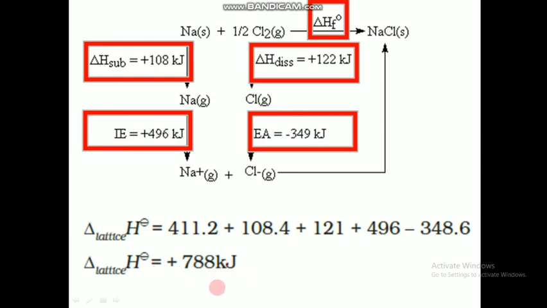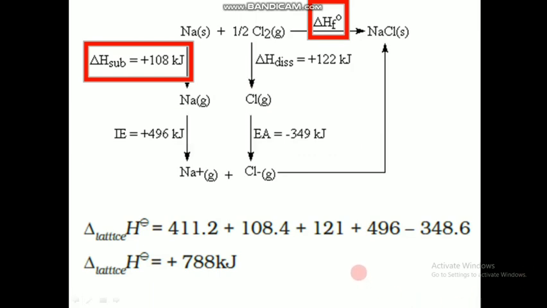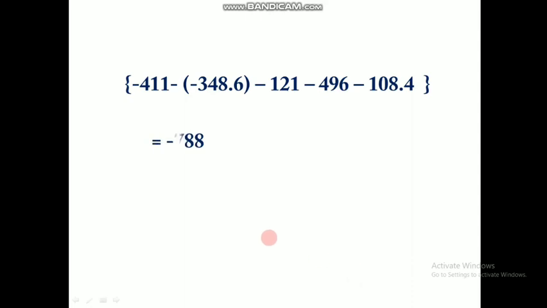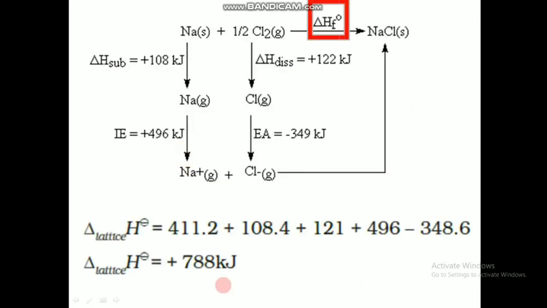But in this case we got a positive value because it is the lattice dissociation enthalpy. In the previous case, when we got the lattice formation enthalpy, it was the same value but with a negative sign. And now we got it with a positive sign. That's the only difference. So this is how we find the lattice enthalpy.